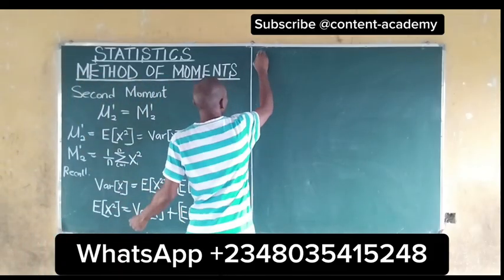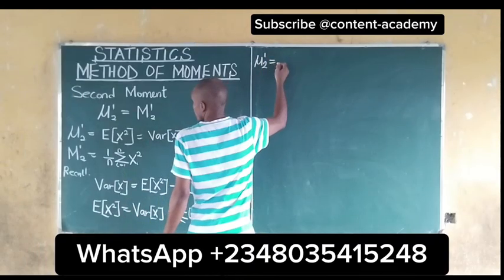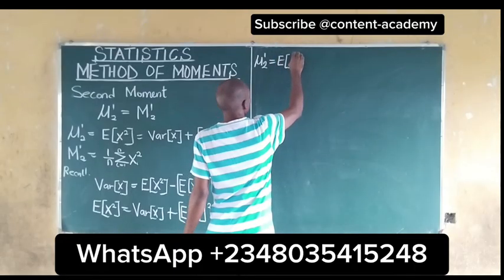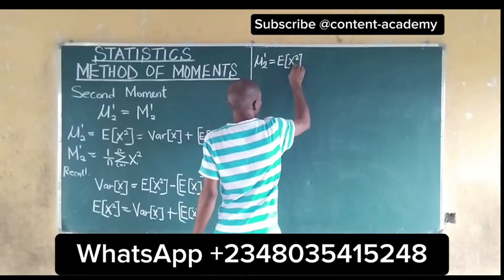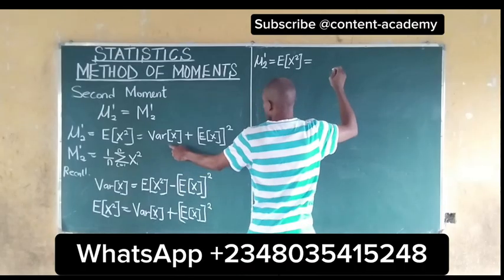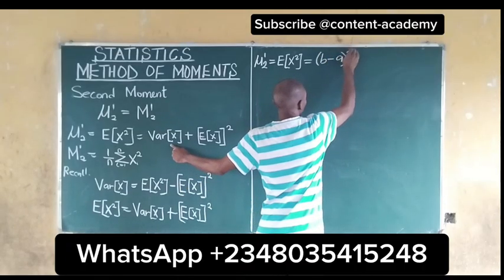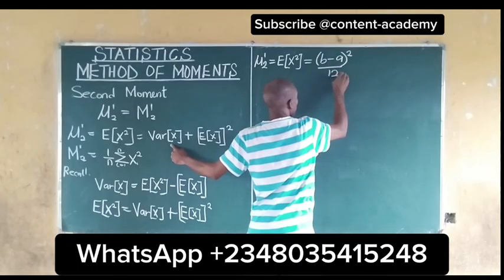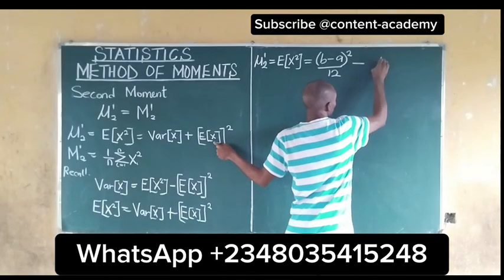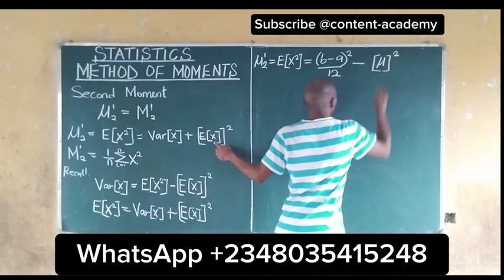Now we have our mu 1, which is equal to the expected value of x squared, which is equal to, we know our variance to be b minus a all squared all over 12, minus our expected value, the mean which we just found, all squared.